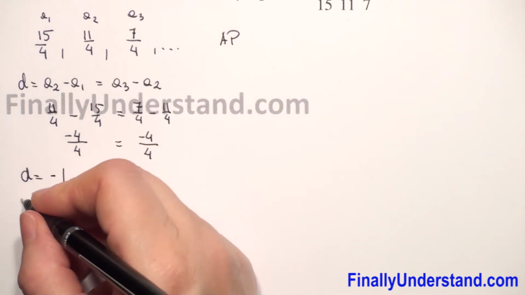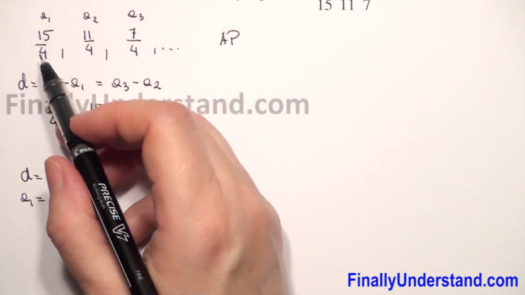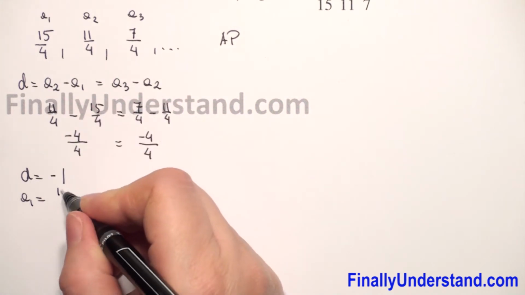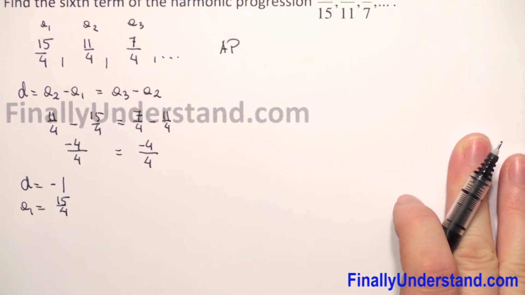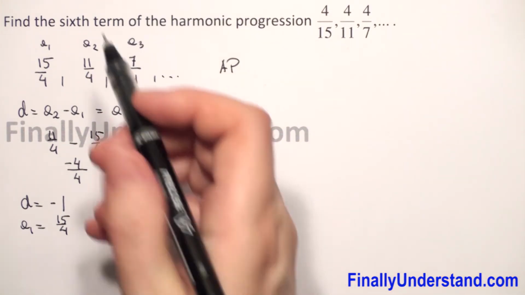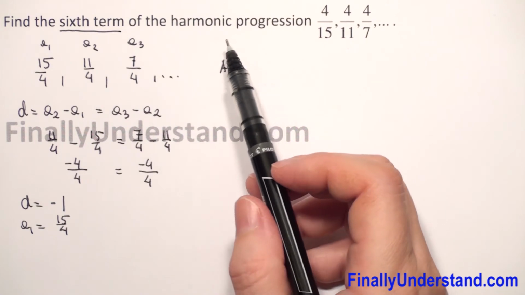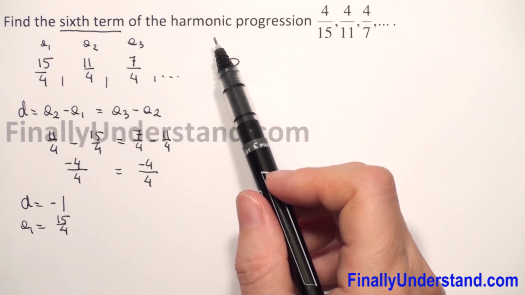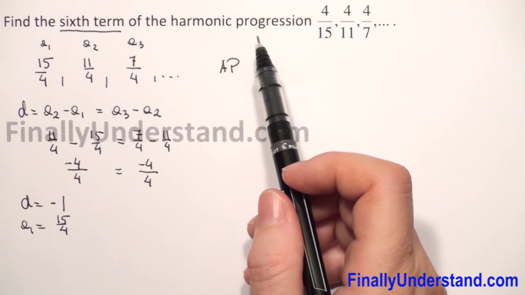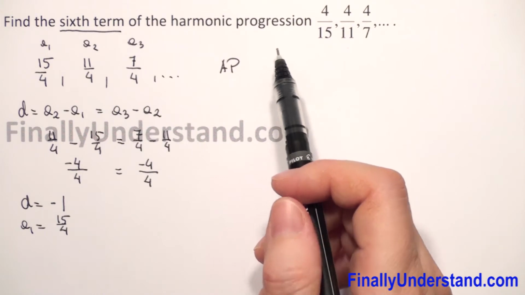We have the first term of our arithmetic progression, 15 over 4. And what do we have to find? We have to find the sixth term of the harmonic progression. Like I said, a sequence is called a harmonic progression if the reciprocals of its terms form an arithmetic progression.